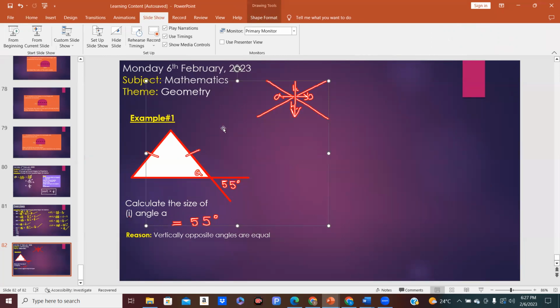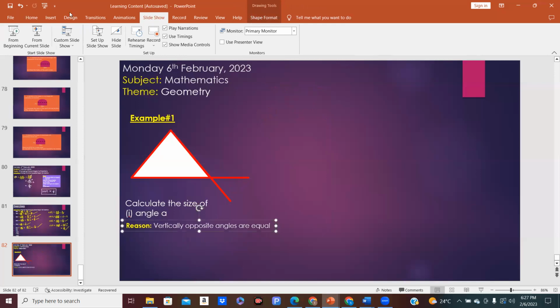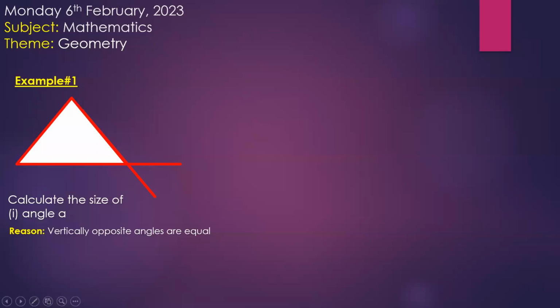Okay, I need to move this one moment. We also need to figure out the size of angle. So let me just put it in for you. Remember we had this stroke and this stroke, we had 55 degrees. And we had A here.